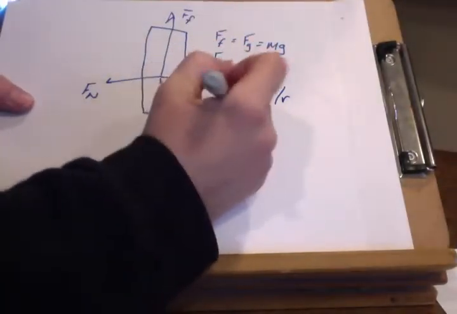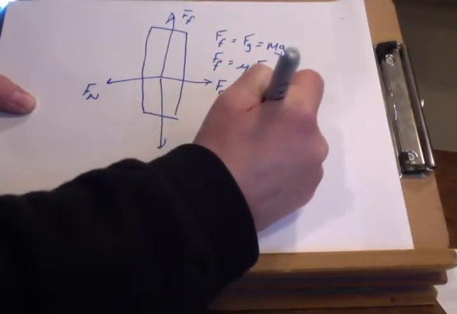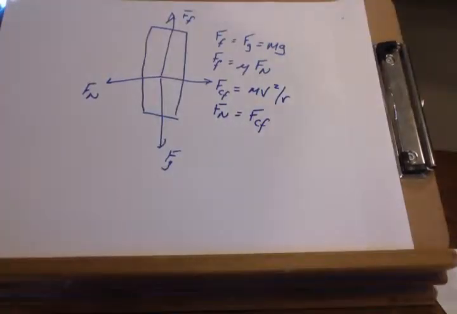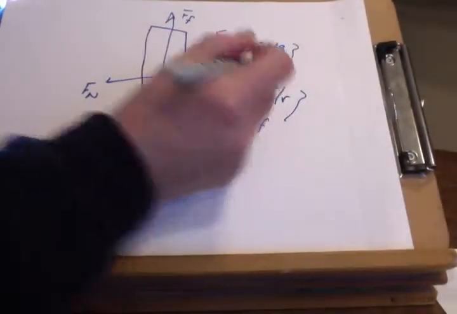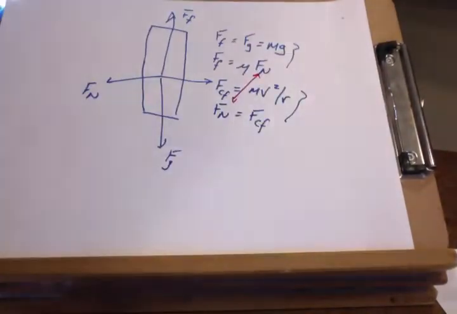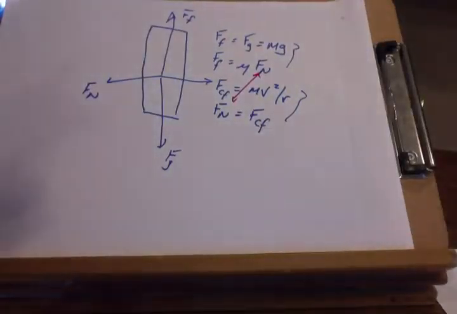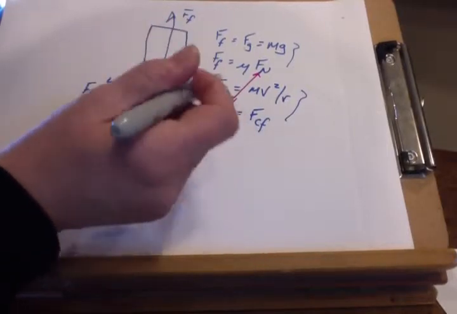The centrifugal force also has to be equal to the normal force. At this point, you have several equalities, two pairs of equalities really, that have interconnections. And you can answer a host of questions about this situation.